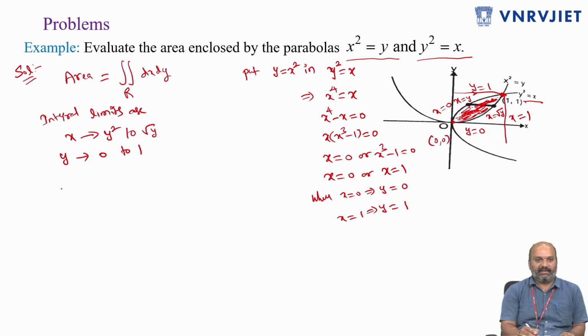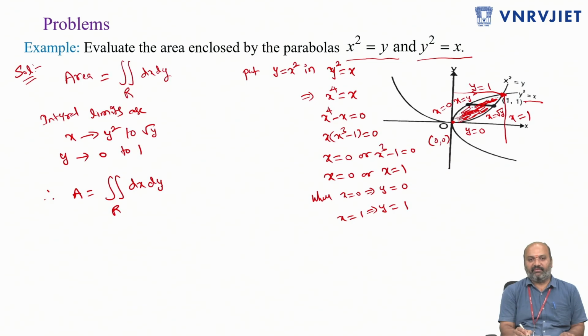Now we have obtained the integral limits. Let's evaluate the integral. Area A equals the double integral over the region R of dx dy, which is equivalent to the integral where y varies from 0 to 1 and x varies from y square to root y.